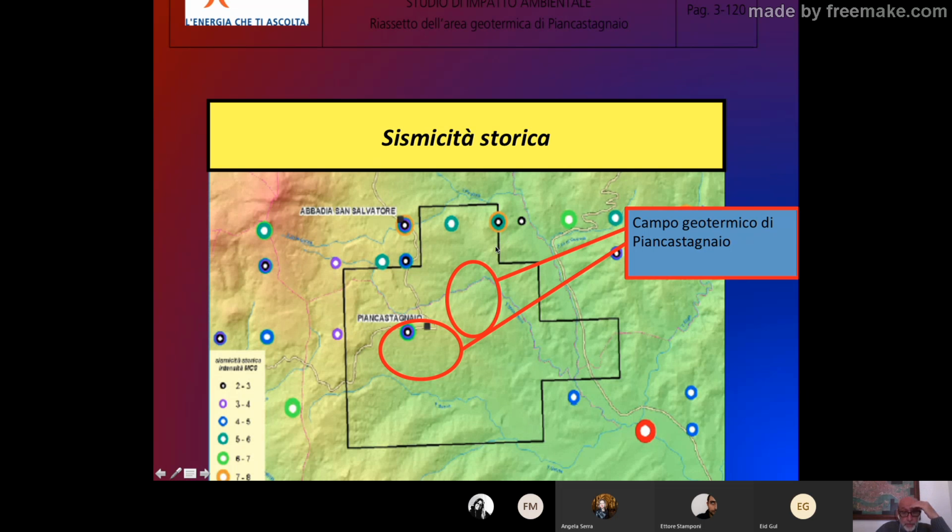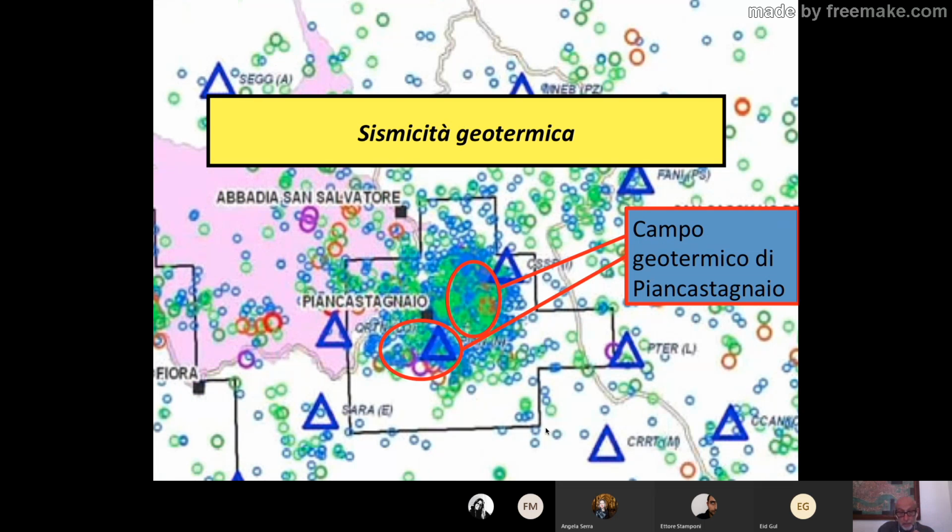Not very much seismicity, very little actually within the geothermal field, and the geothermal field is given by the black line. This is the seismicity recorded by Enel within the geothermal field.